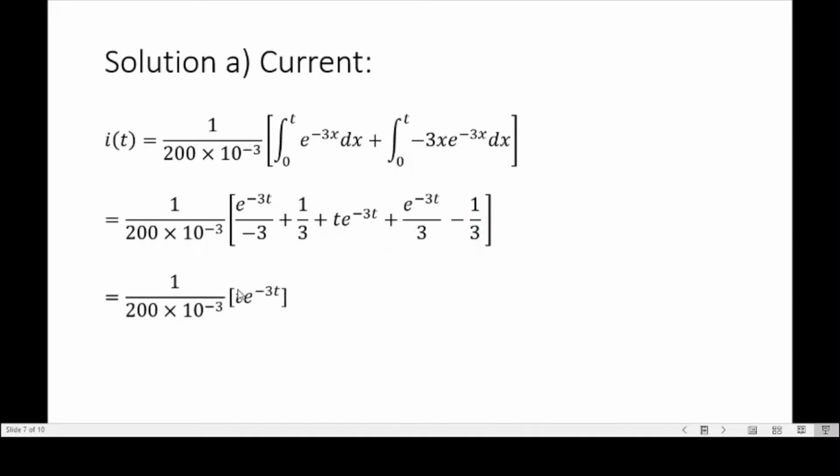And we're just left with t e to the negative 3t. To simplify even further, 1 over 200 times 10 to the negative 3 is just equal to 5. So we have 5t e to the negative 3t milliamps. And that is the final equation for the current going through the inductor.